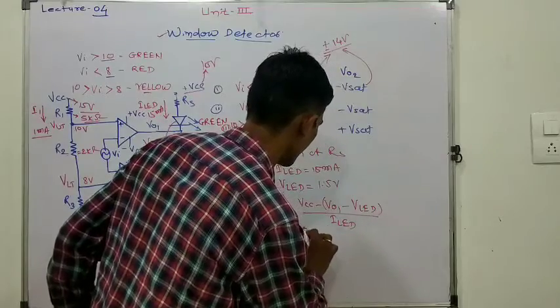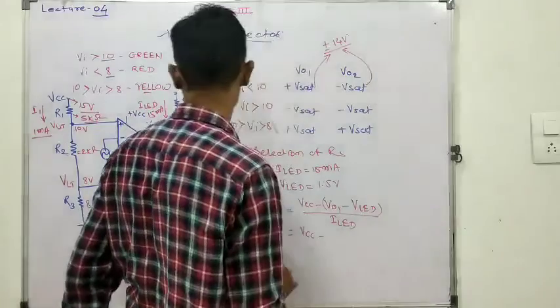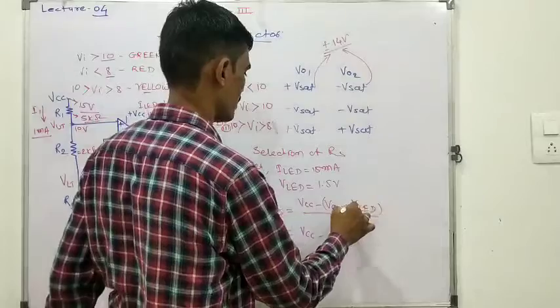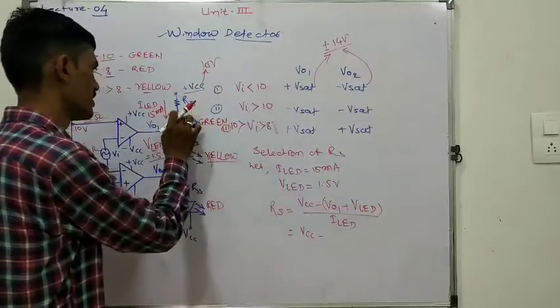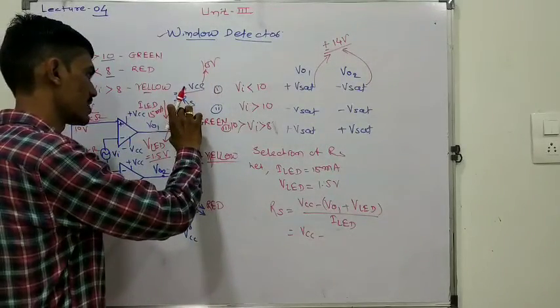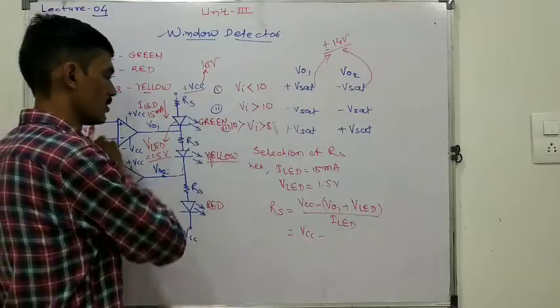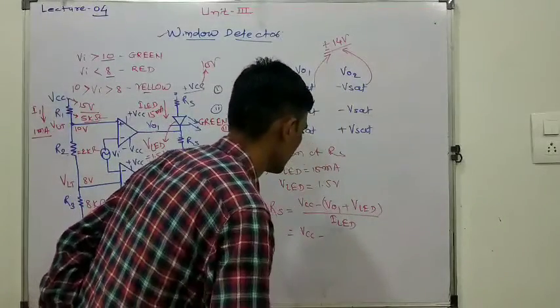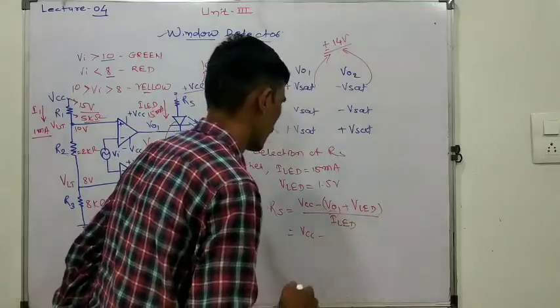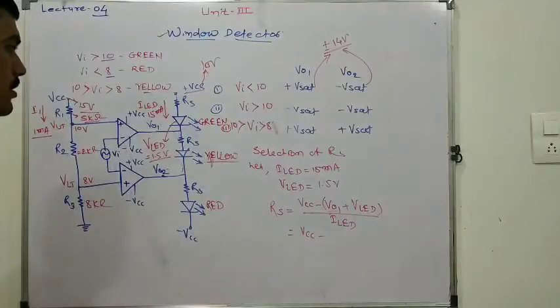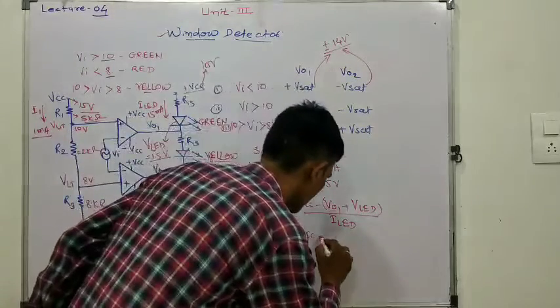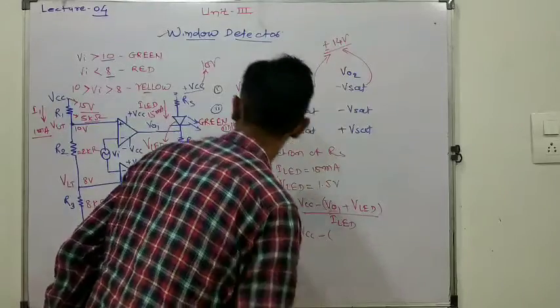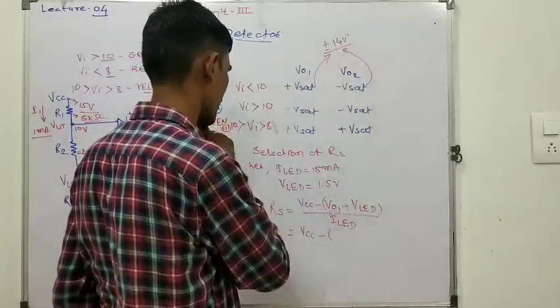And divided by ILED. So it is VCC minus, sorry, this is to be plus, because this voltage plus this voltage is the total voltage available at this point. So VCC minus VO1 is to be minus 14, minus plus.